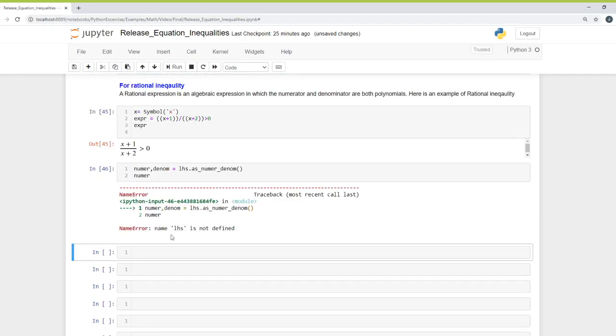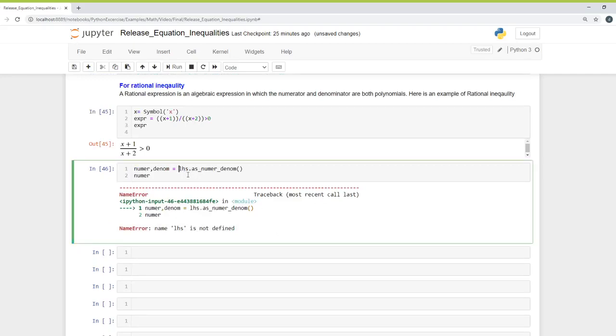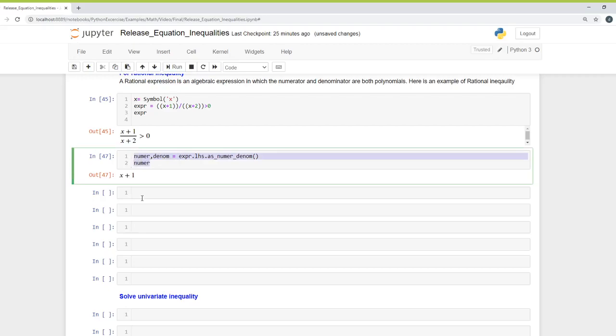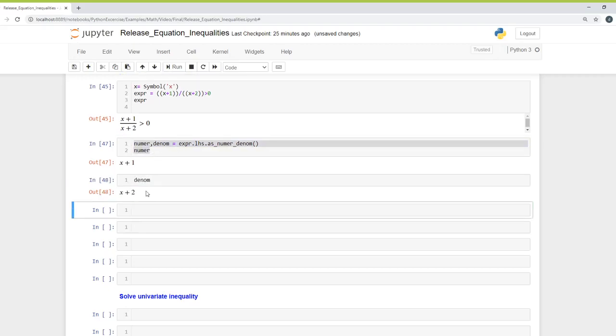Our numerator polynomial is the LHS of the expression, x + 1, and then we have our denominator, x + 2, and our relational operator.